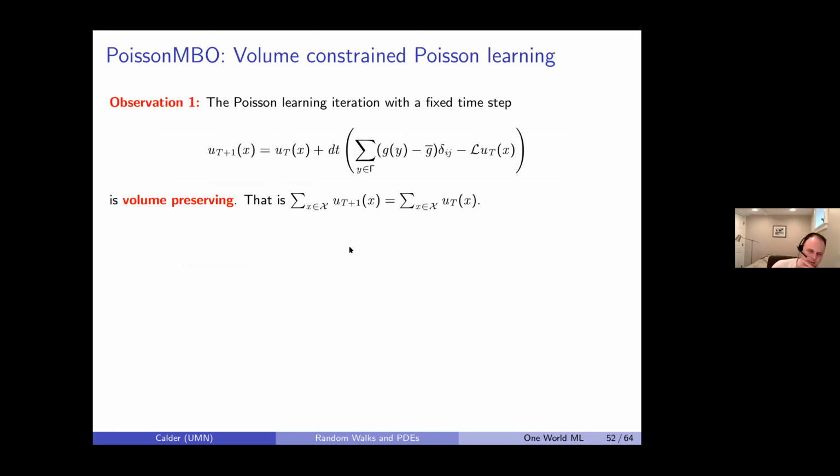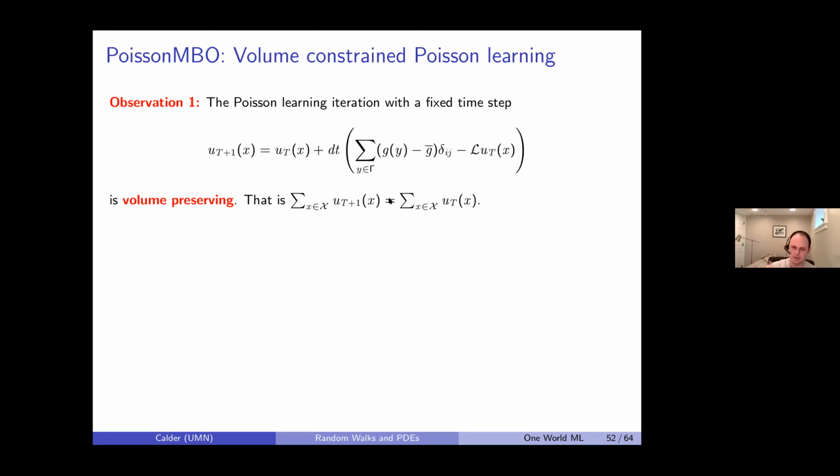When we think about this Poisson equation, if you look at the iteration that we're using to solve it, and you replace the 1 over degree that we had before with a fixed time step over all of the nodes, this flow becomes volume preserving, which is not the case in most of these applications. The reason it's volume preserving is that the source term with the delta functions has mean 0, and the Laplacian also has mean 0. So you're preserving the volume.